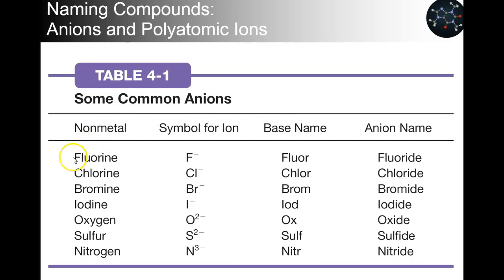So we've got the nonmetal names over here, and here's our symbol for the anion, my base name, and then the anion name with the IDE after it. Okay, so that's not really that difficult. You just have to learn to recognize the symbols for each one of the elements.